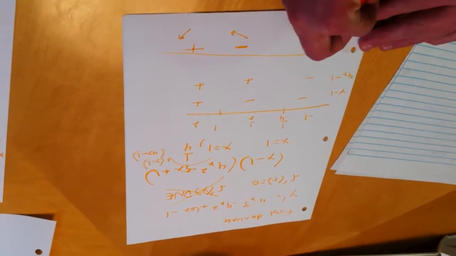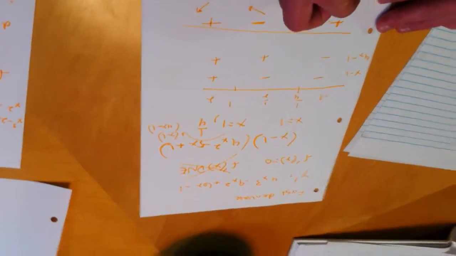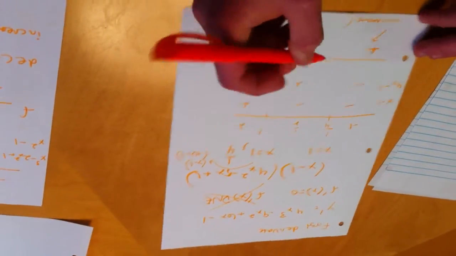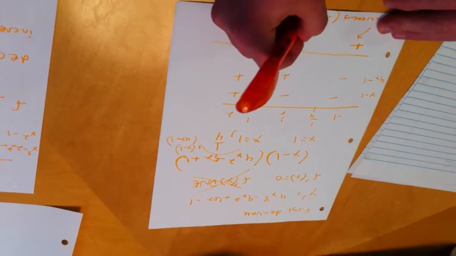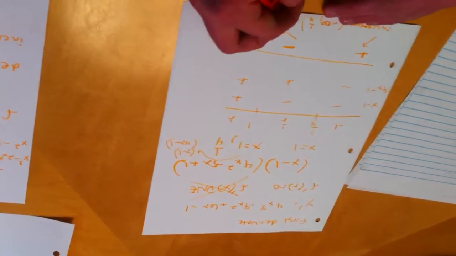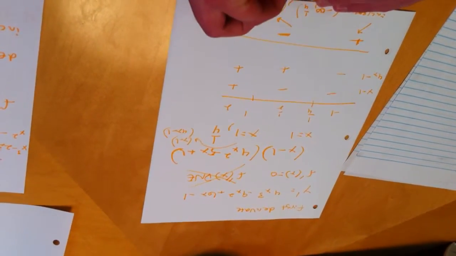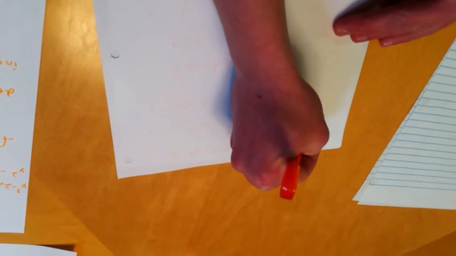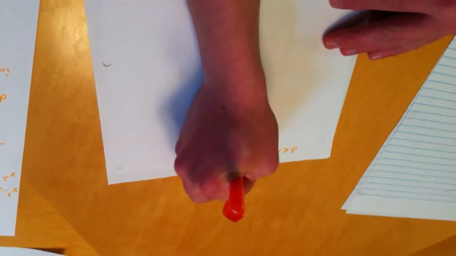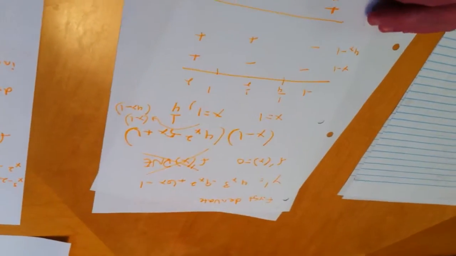We see that it's increasing on the interval negative infinity to 1/4, and also from 1 to positive infinity, and then it is decreasing on the interval, as you can see, 1/4 to 1.